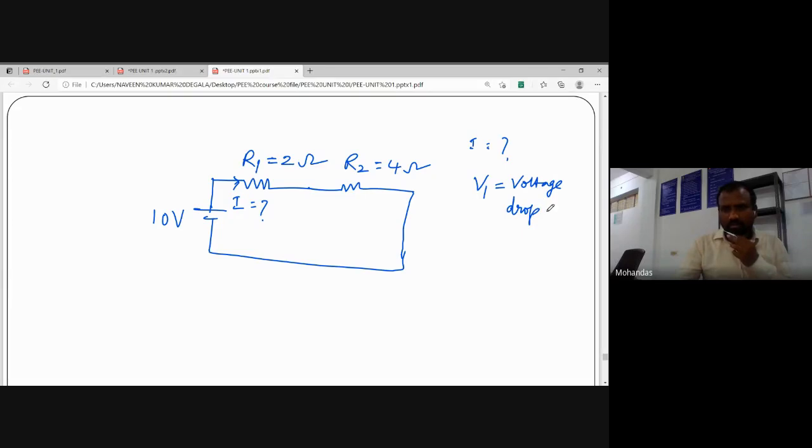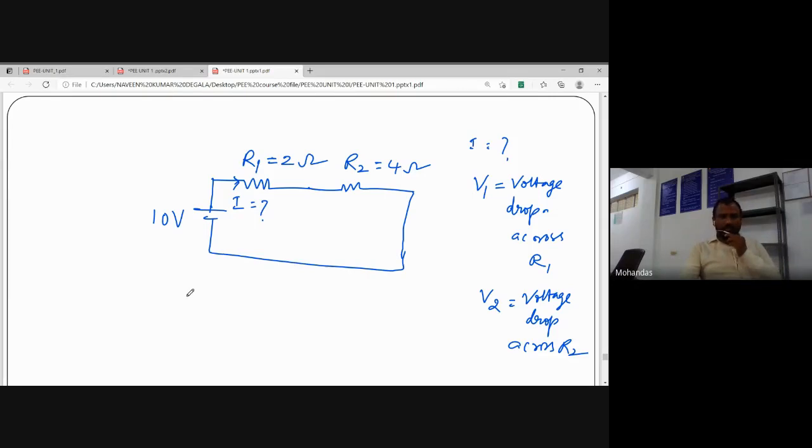Next, V2 is the voltage drop across R2. So we have to calculate V1, V2 and I here. How to proceed for this problem?